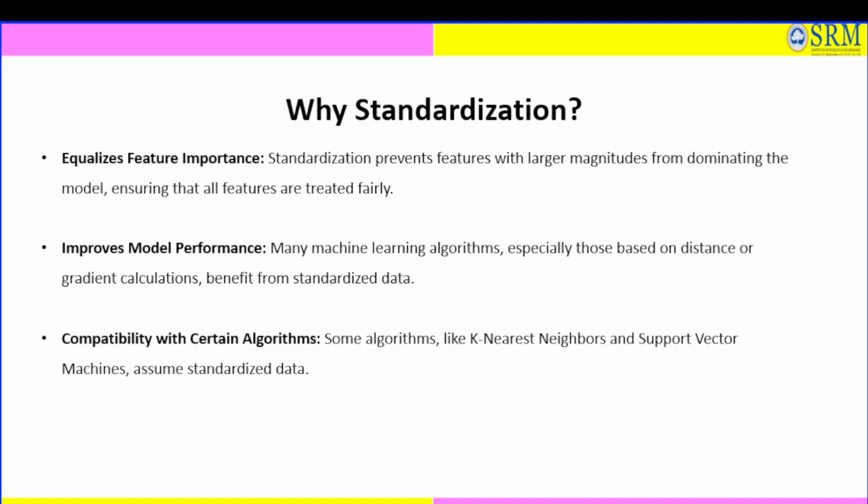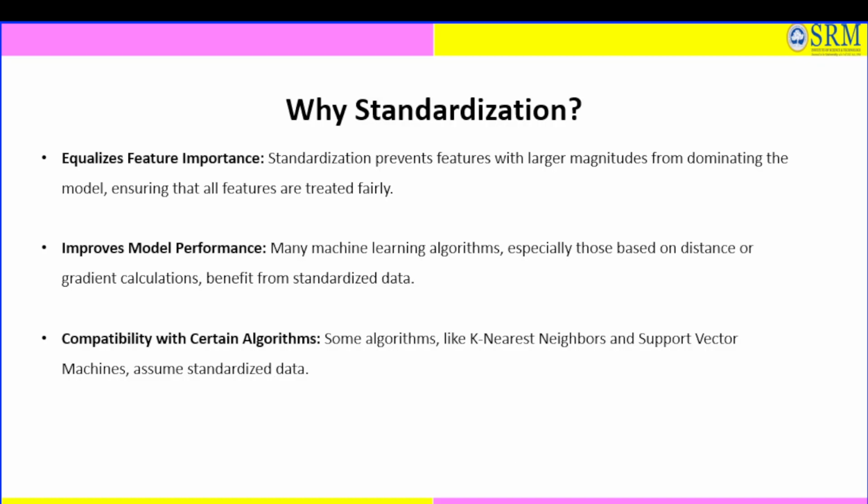How does standardization improve the model performance? Whenever we use machine learning algorithms, especially those based on distance or gradient-based calculations, we can improve the model performance by standardizing the data. And finally, algorithms like k-nearest neighbor or support vector machines assume standardized data.